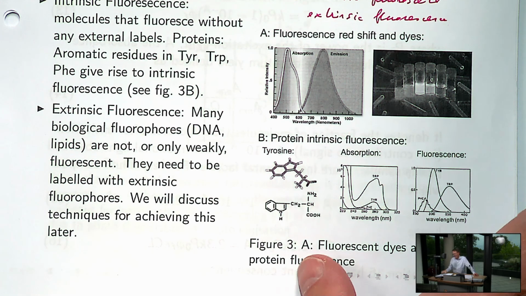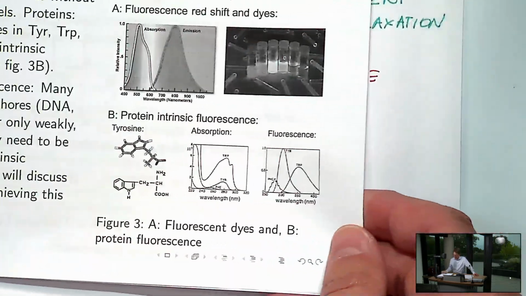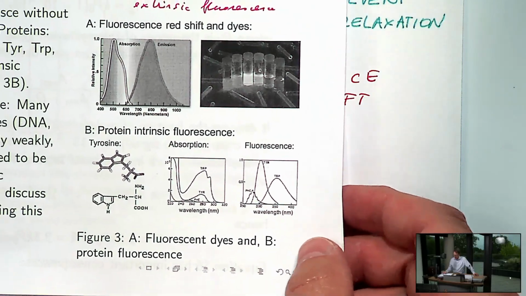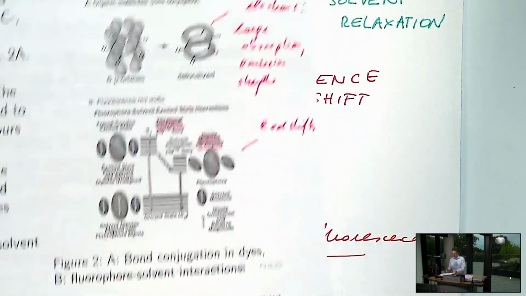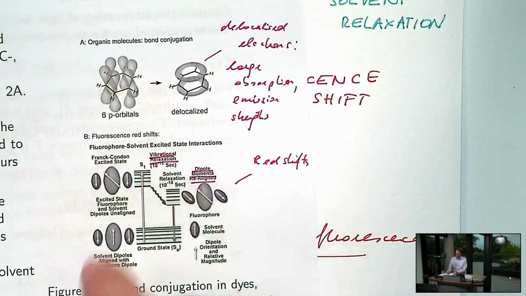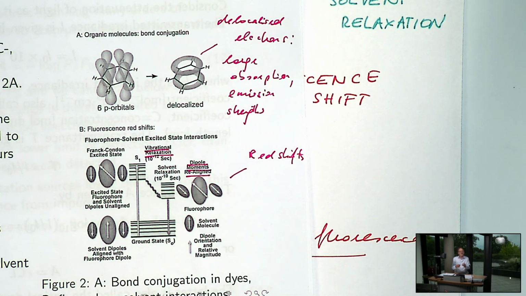In fact, you'd require wavelengths that are damaging to cells anyway. And so you need extrinsic labels. You take these organic, conjugated molecules that you design, and you find some way of attaching them with high specificity.